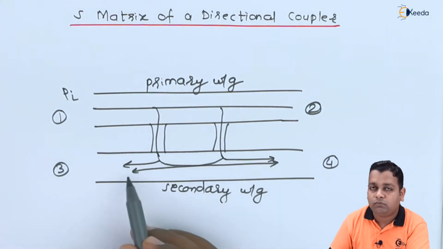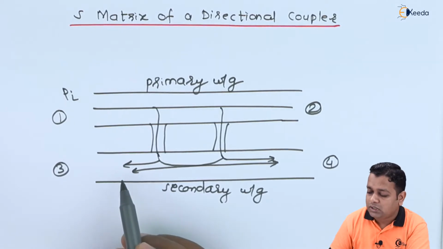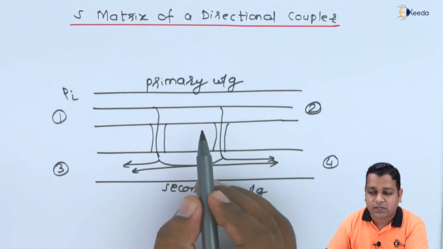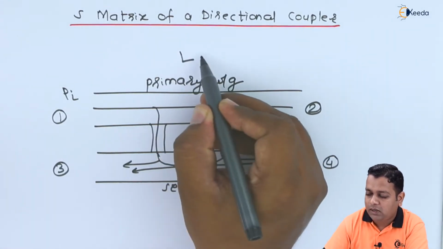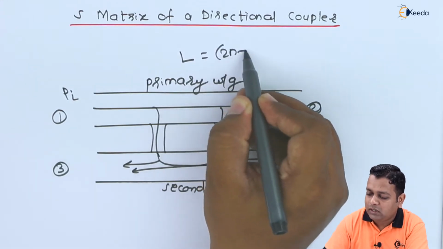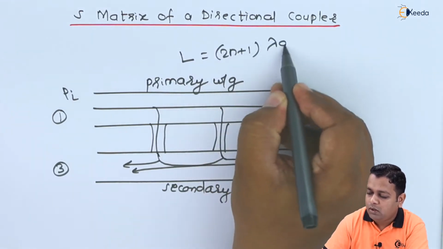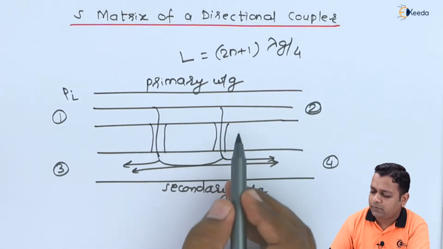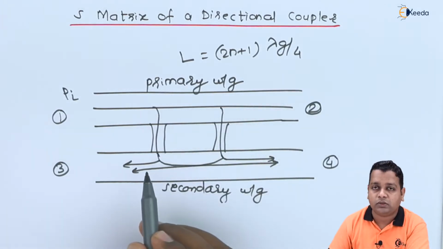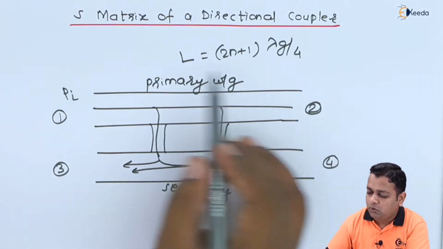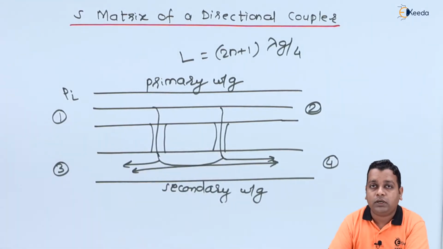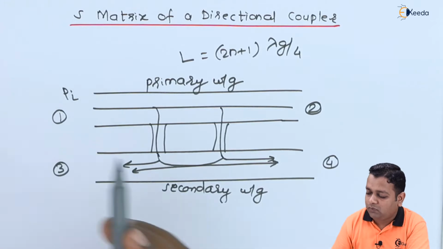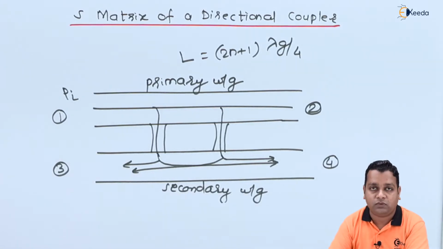The backward branches cancel each other because of the 180 degrees of phase shift, if the distance of separation L is (2n+1) times a quarter guide wavelength, since 90 plus 90 gives 180 degrees of phase shift. This is the working of the directional coupler, especially the two-hole directional coupler.